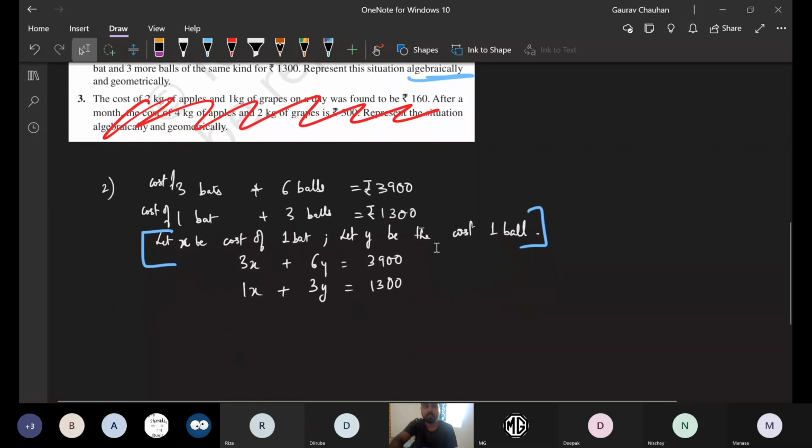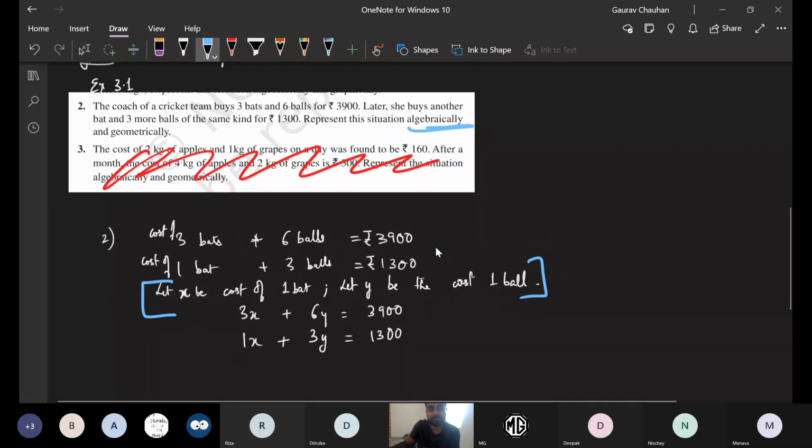This is the algebraic representation. What does it mean by the geometric representation? Represent the situation algebraically and geometrically, it's saying. What does it mean? Anyone? Raise your hands if you want to tell me. G? Sir, geometrically means in a coordinate plane, sir. Correct, G. How will you do that? Sir, we'll find x and y with that equation, sir.